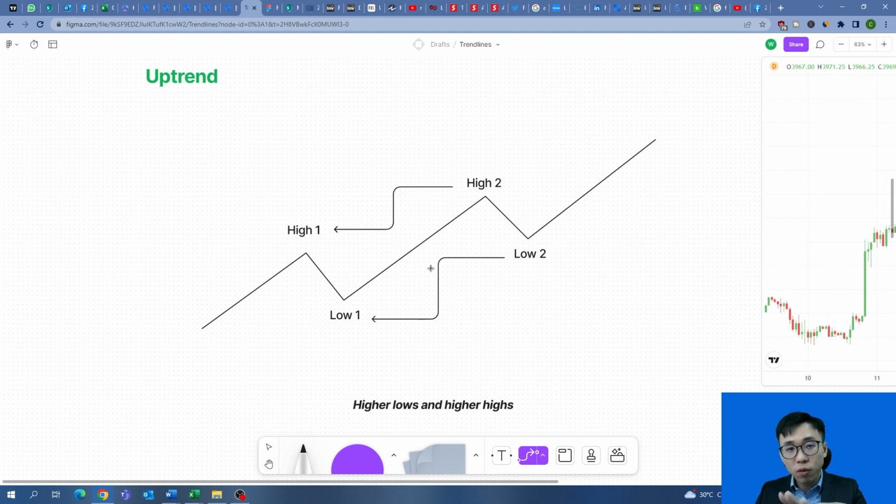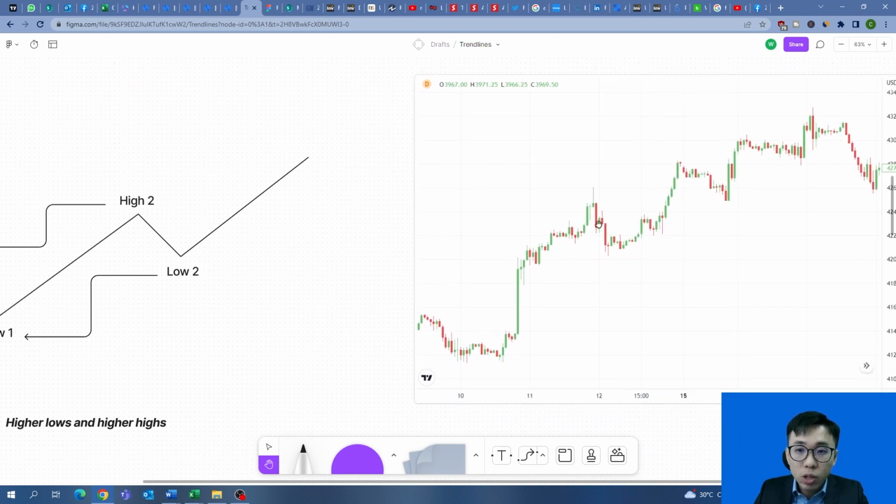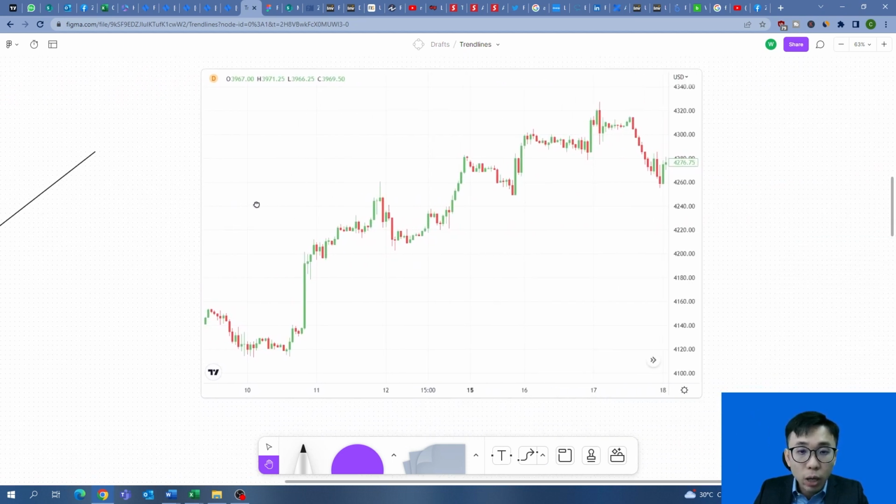So always refer to the latest highs and lows and compare to see whether they are actually higher than the previous highs and lows or not. If they are higher than the previous highs and lows, we can categorize the price itself as an uptrend. So here's one good example which I actually saw earlier this morning. Basically, we know that this asset itself is moving in an uptrend.